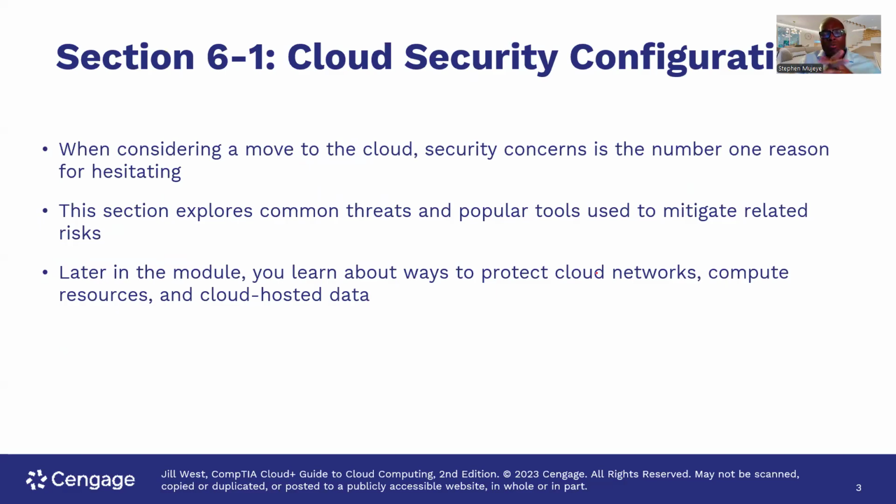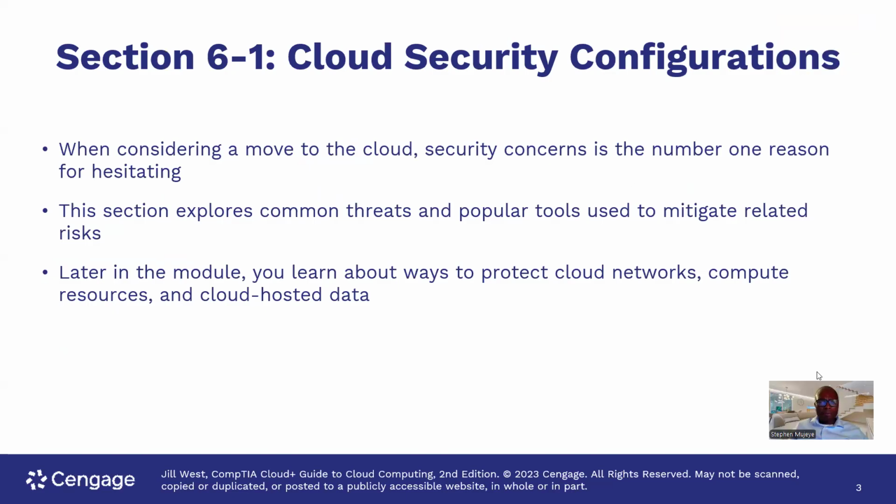Okay, so when it comes to making the migration to move from on-prem to the cloud, there are different factors that our organizations consider, which could be cost, the expertise of the staff who are going to be managing those resources. But those are not at the top of the list that make organizations hesitate to move from on-prem to the cloud.